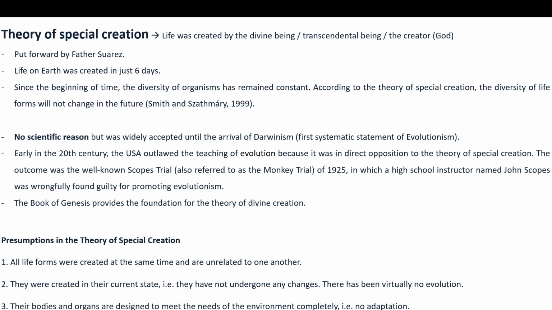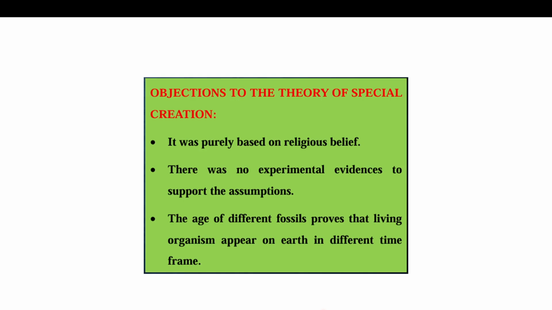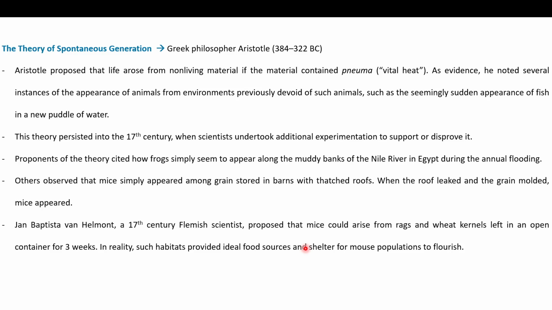That is, there has been no adaptation. All right. So we now know that the theory of special creation definitely isn't valid. The objections are it was purely based on religious beliefs, with no experimental evidence, and the age of different fossils that we have actually proves that living organisms appear on Earth at different time points.